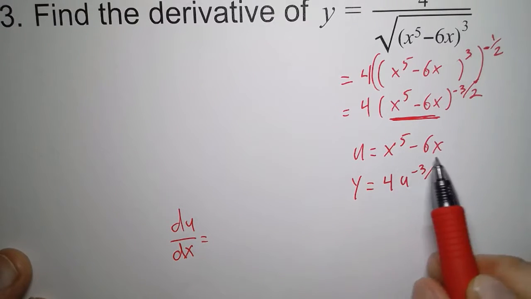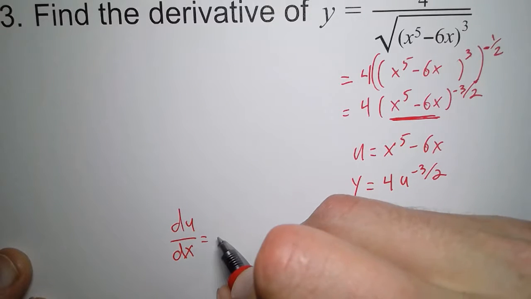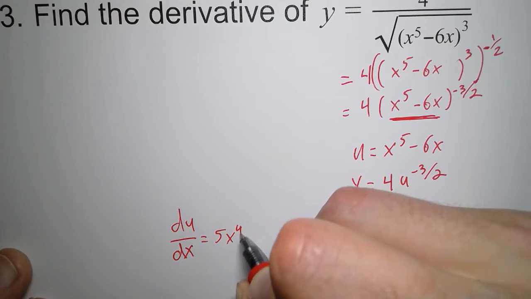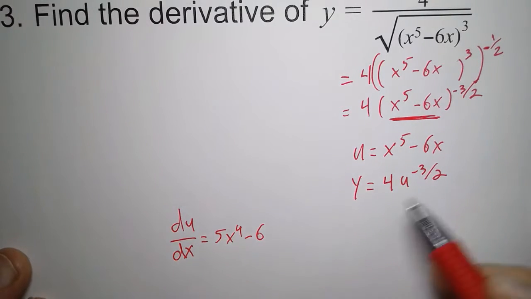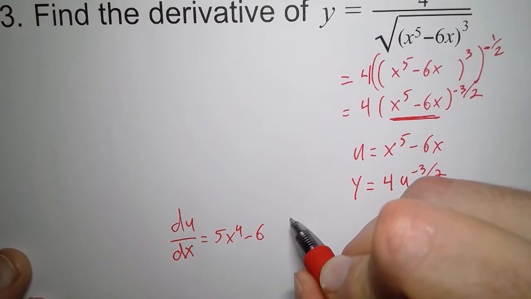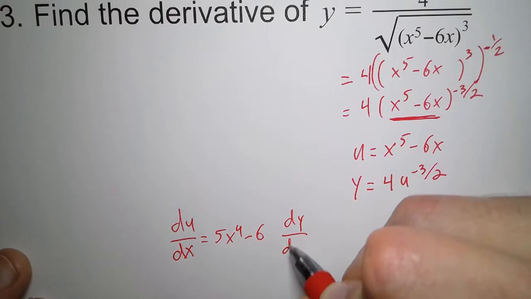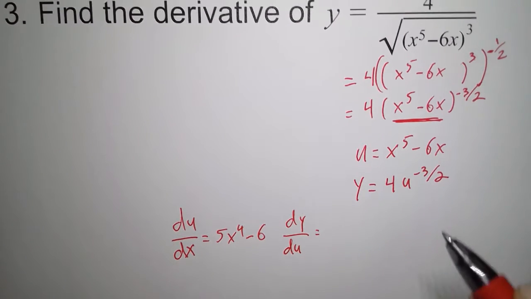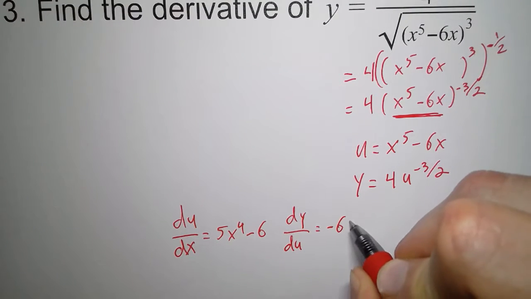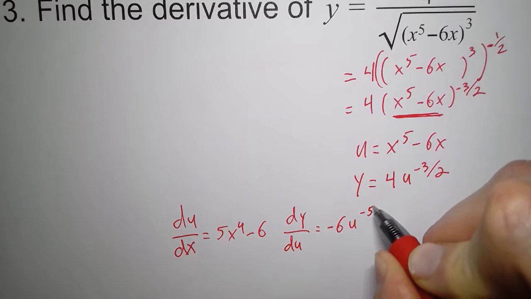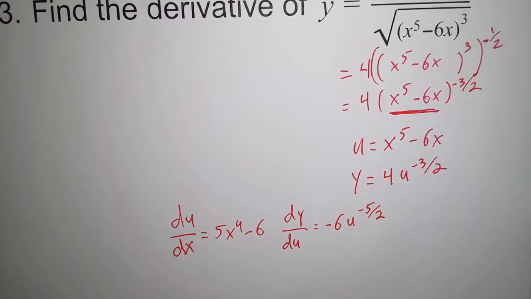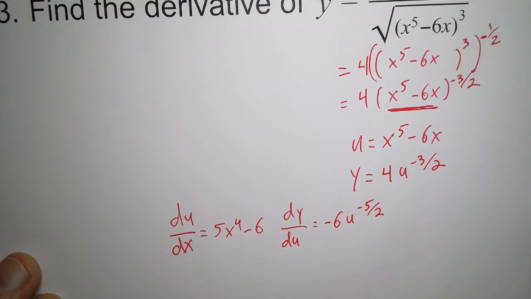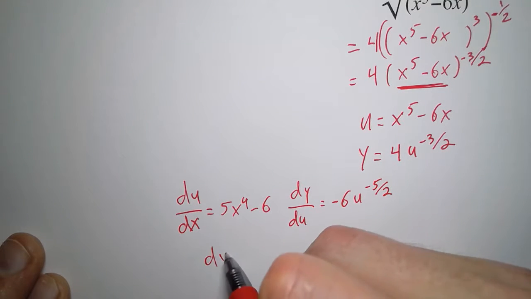So we take this derivative using power rule, and this is 5x to the 4th minus 6. And then this derivative, dy du, equals, so we bring down the negative 3/2, so that's negative 6u to the negative 5/2.